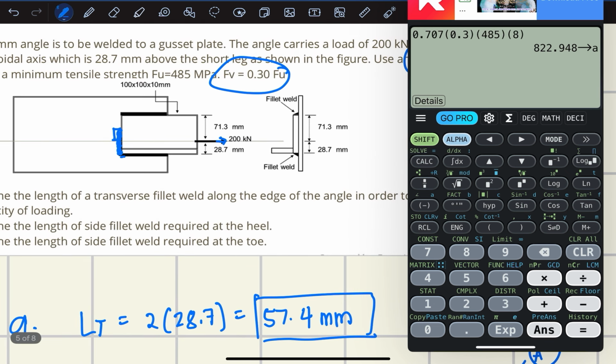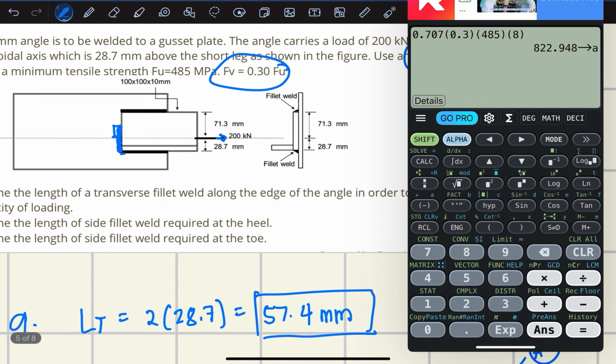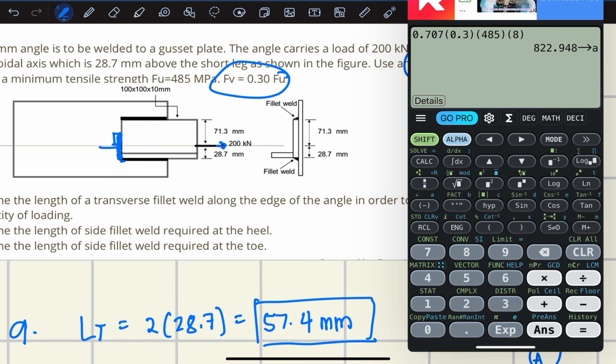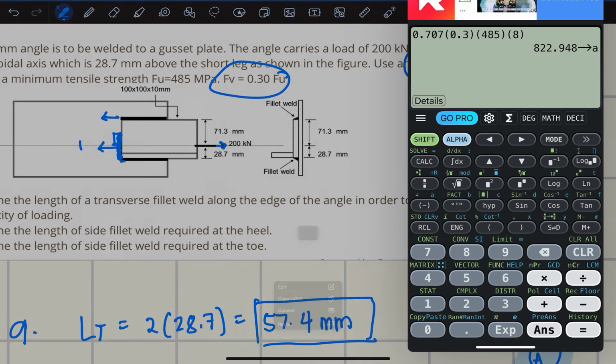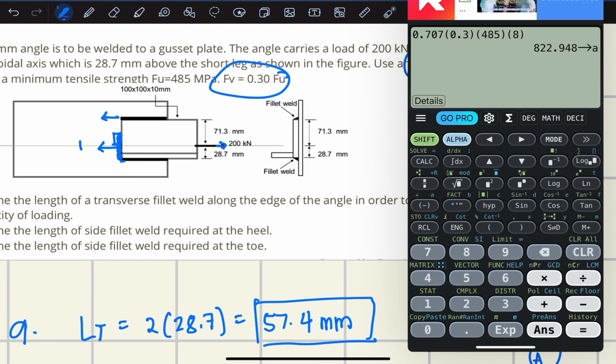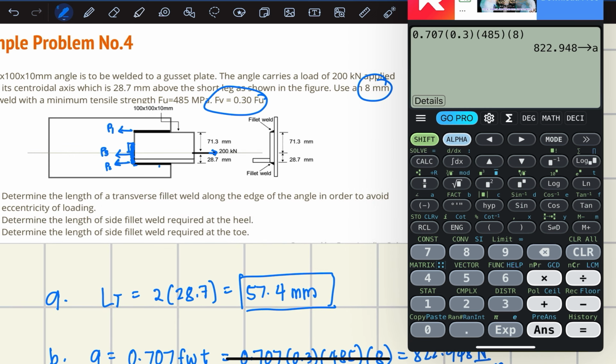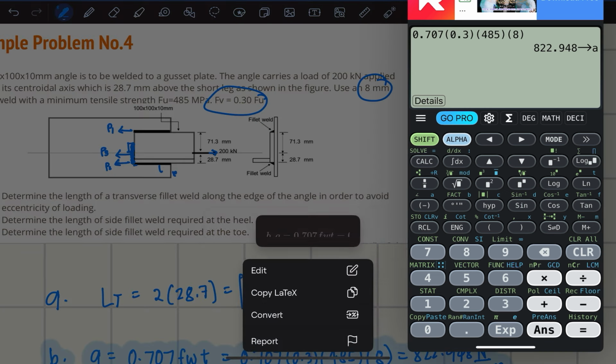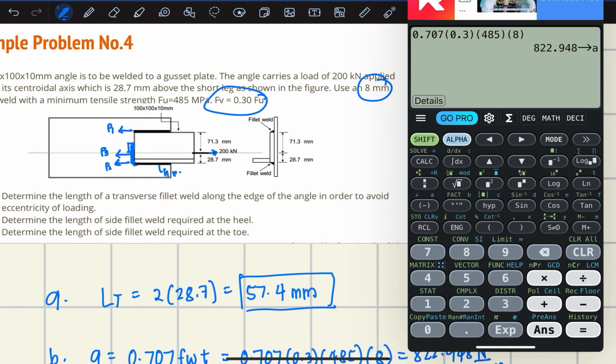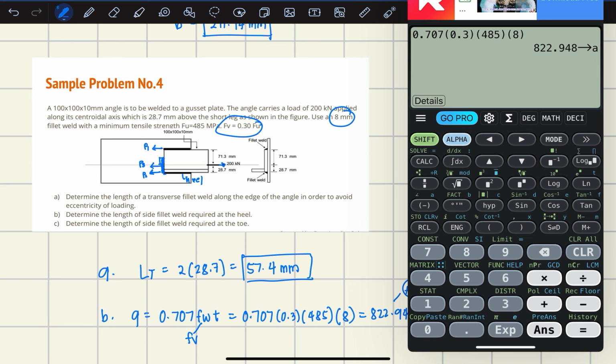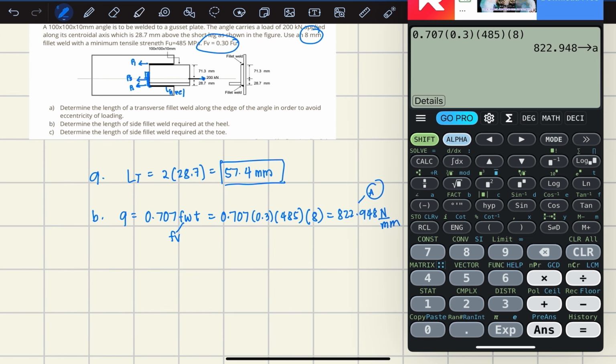Next, let's assign the strength of each weld, the transverse weld and the longitudinal welds: P1, P2, P3. What we need first is the heel, the length of this heel. To solve this, let's take a moment.